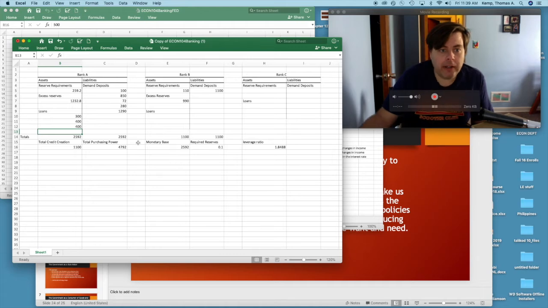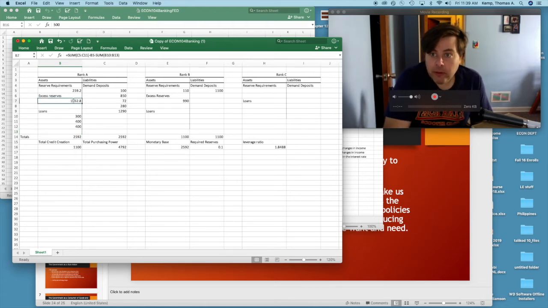And then finally, the last thing on their balance sheet here is this idea of excess reserves. Excess reserves is essentially the financial resources that the bank has at its disposal at the moment. Bank nerds will tell me there's a little bit more to it. It's a bit of an oversimplification, but okay. So what that cell is doing is taking the sum of all demand deposits, which is money into the bank, so that's C5 through C11.